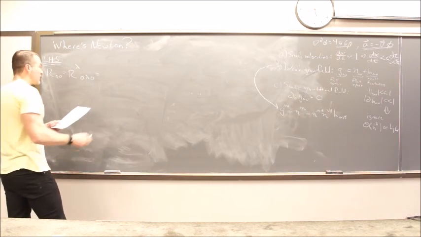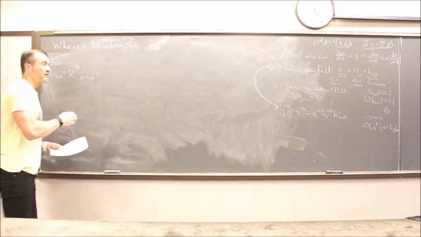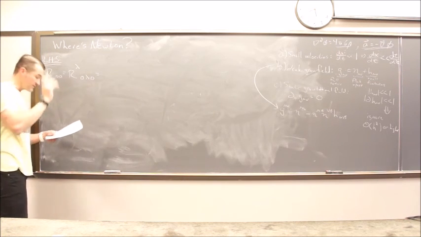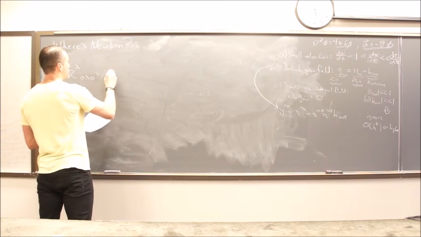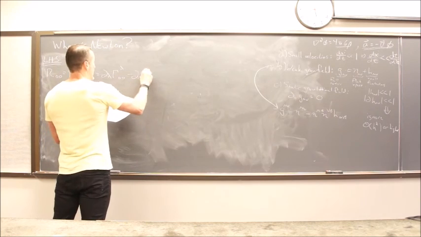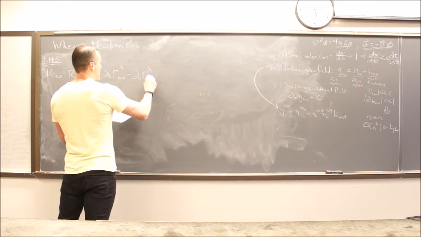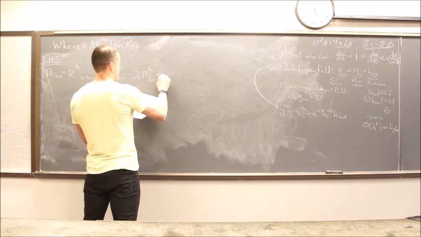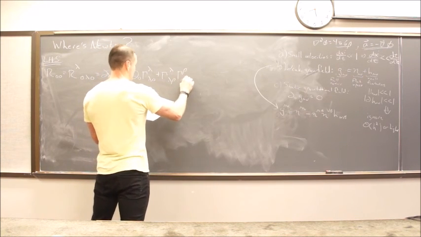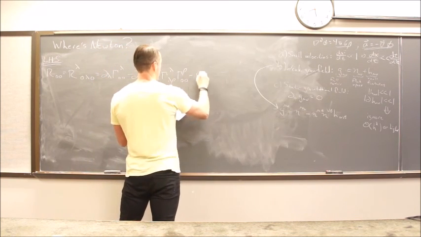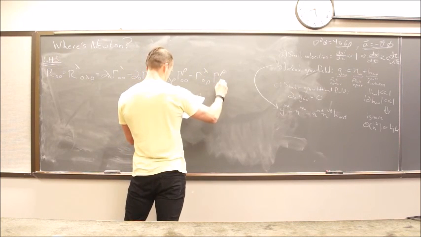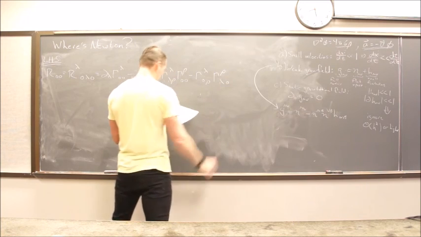Digging into our definition of the Riemann tensor, this is just a bunch of derivatives of Christoffel symbols. We have d lambda gamma lambda 0, 0, minus d0 gamma lambda lambda 0, plus gamma lambda lambda rho gamma rho 0, 0, minus gamma lambda 0 rho gamma rho lambda 0.